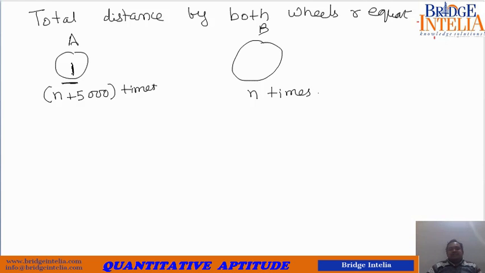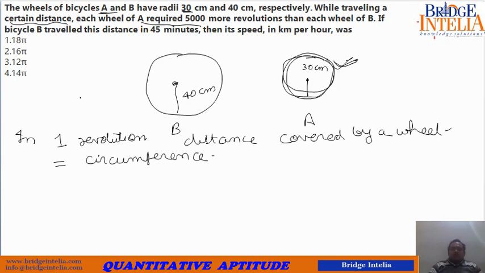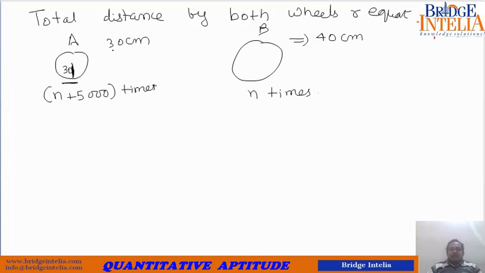Here the radius is 30 centimeter, and here the radius is 40 centimeter. We have to find the speed in kilometers per hour. So it's better if you convert centimeter into kilometer. So 1 centimeter is equal to 1 by 1 lakh of a kilometer.